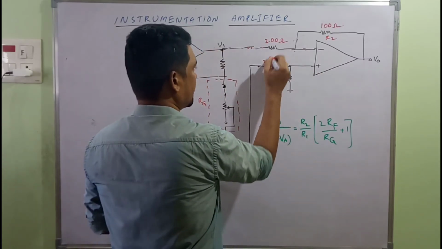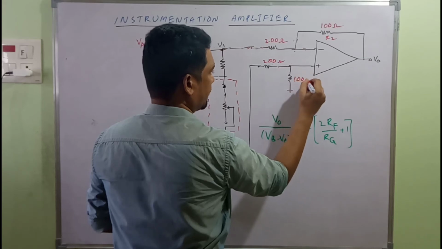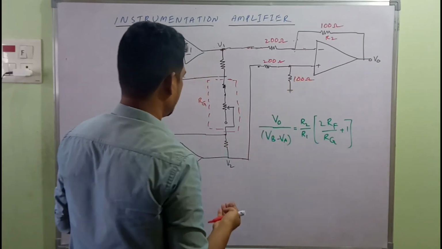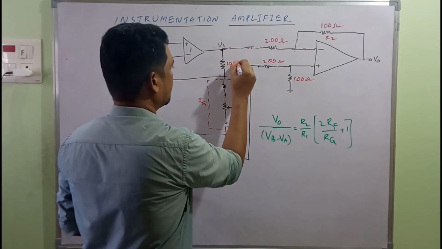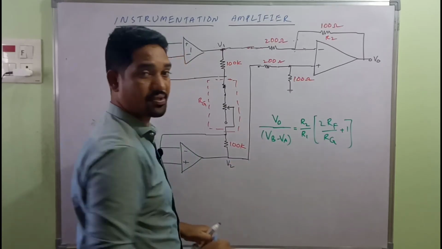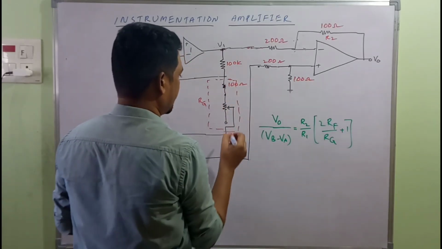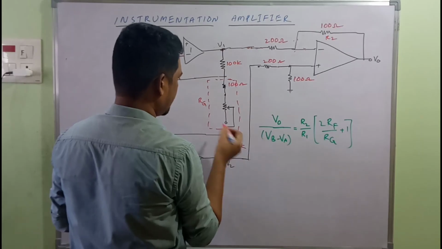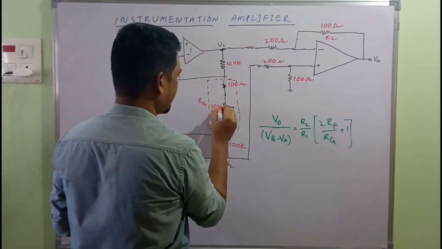And the same 200 ohm with the same 100 ohm. Let this network have 100K, and even this has 100K, and let the base resistance be 100 ohm. And the potentiometer can be varied from 0 to, let that be, even this 100K.